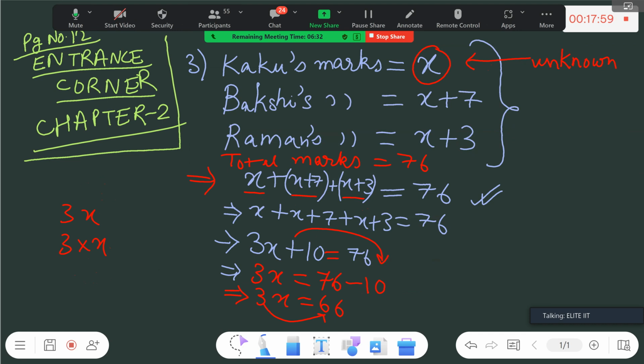Since it is 3 into x, it will become 66 divided by 3. Multiplication and division are opposites. If it is multiplication, it will become division. So it will become x equal to 66 by 3.